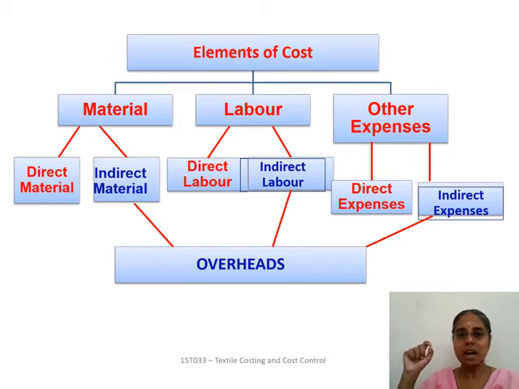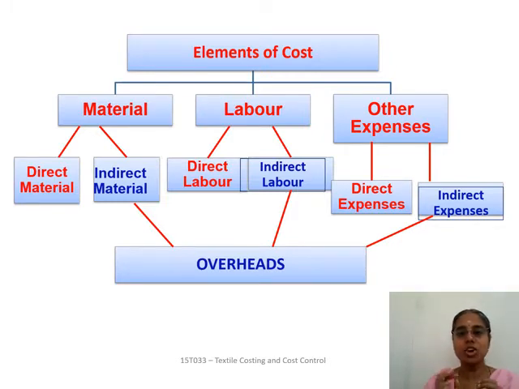Direct expenses, a common example is royalty paid, because most of the expenses are indirect. The direct expenses are very few in number. So all these indirect costs contribute to your overhead. You don't know whom to directly assign that to, but it's a common cost. Overhead is a common cost.